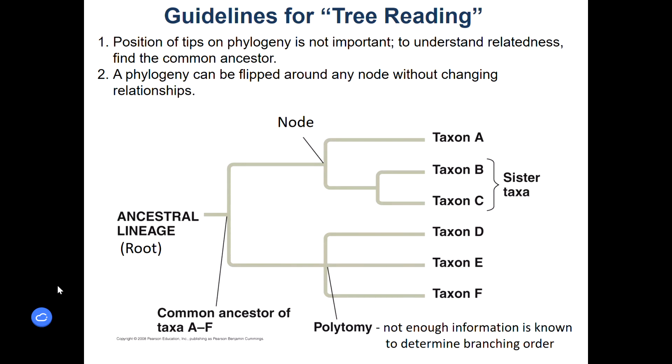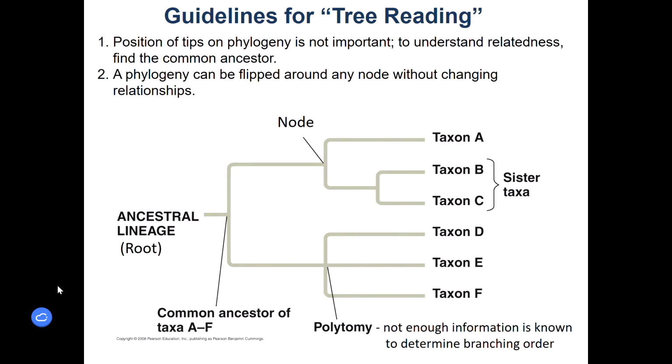If you think of the roots of a tree, they ground the tree into the ground. The root is whatever the common ancestor was. So there was some organism that used to live a very long time ago that was the common ancestor of both insects and humans. And then characteristics change.